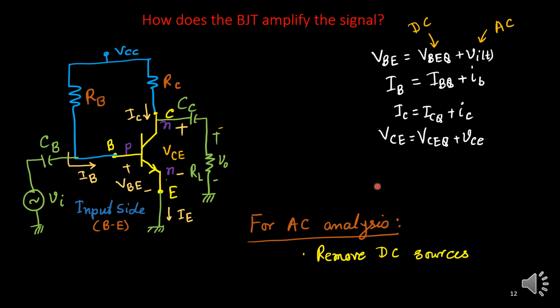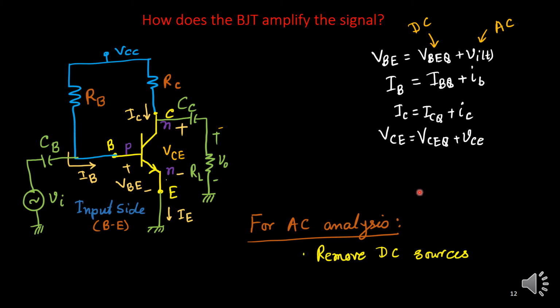So what we will do is remove the DC sources first, because you can see the total voltage or current is a combination of the DC value at the Q point plus this AC. So it's one kind of superposition. If I remove the DC component and work with only the AC component, it is fine for us.